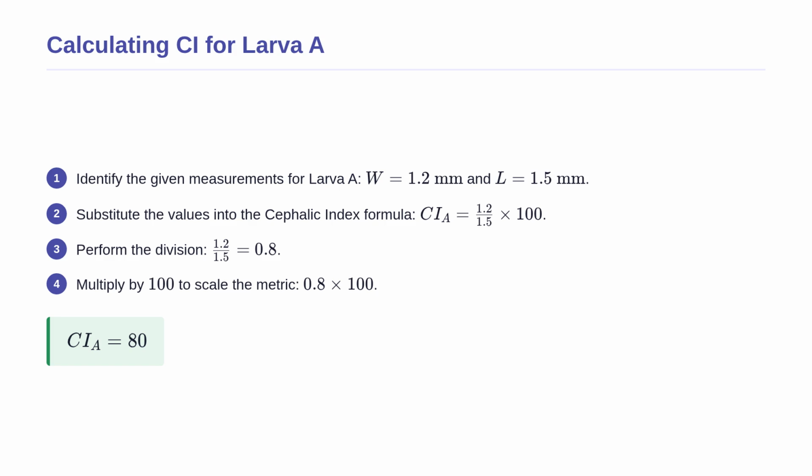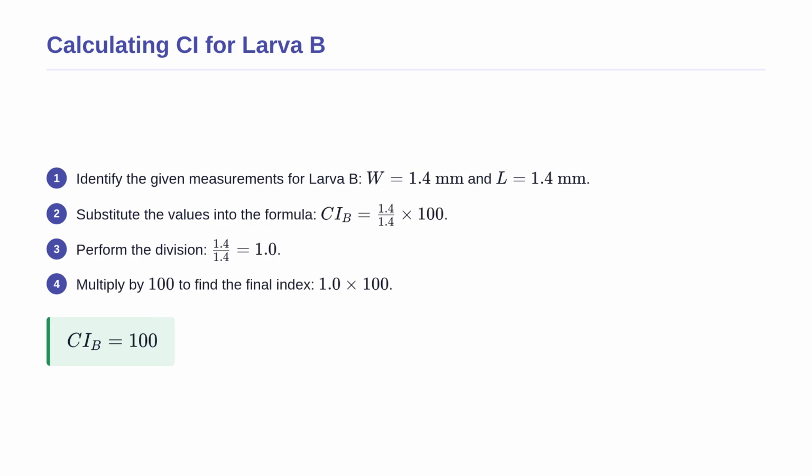First, we substitute the width and length into our equation, placing 1.2 in the numerator and 1.5 in the denominator. Dividing these gives us 0.8. Multiplying by 100 gives us a final cephalic index of 80. Physically, a value of 80 clearly indicates that the head is longer than it is wide, giving us a standardized metric to compare against taxonomic databases.